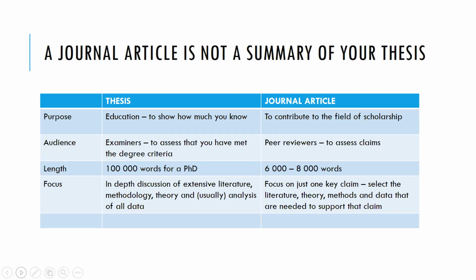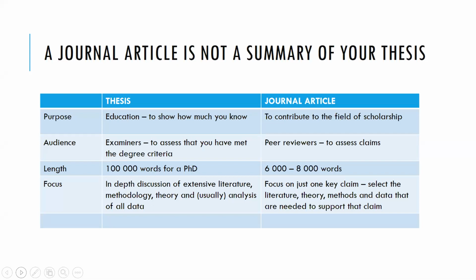A journal article is different in the sense that you're contributing to the field of scholarship in a specific way and to a specific discourse. You're writing for peers, for peer reviewers who are going to assess the claims that you're making. You're doing it in a very concise way, 6,000 to 8,000 words. And the key thing is that you're focusing on just one key claim.